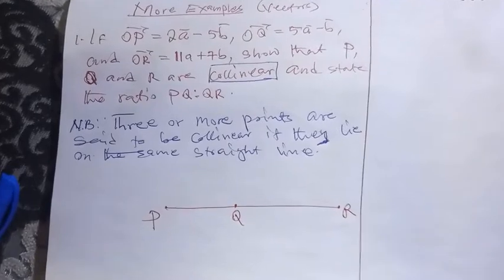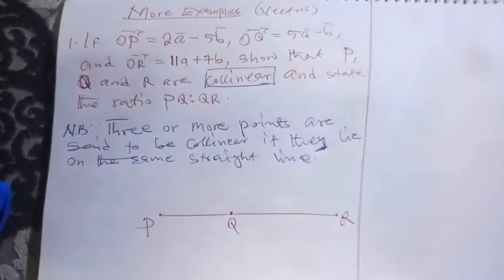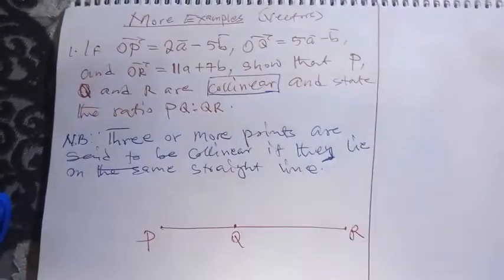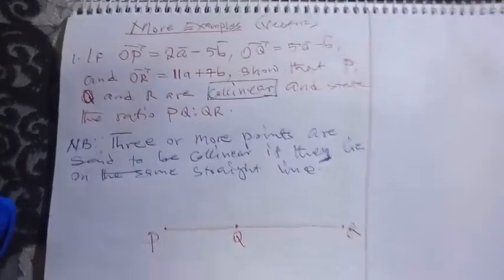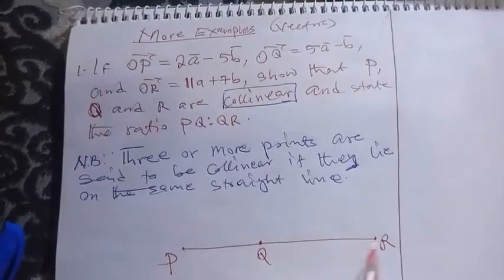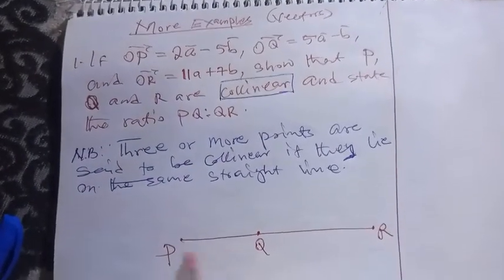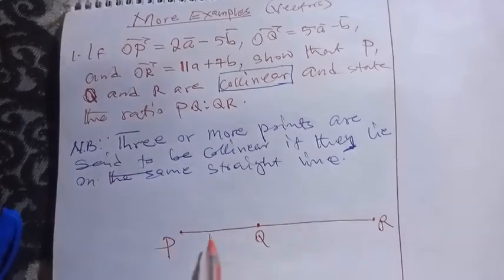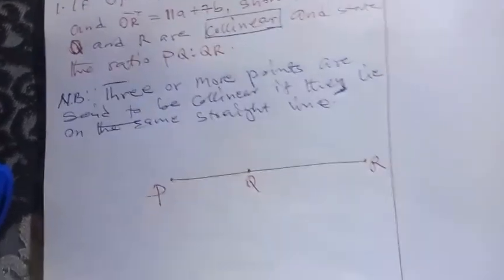Co means to share, or common to them. Co comes from the word togetherness, or together. So now let's move on. P, Q, and R. When three points are set up like this on a straight line, what comes to your mind?